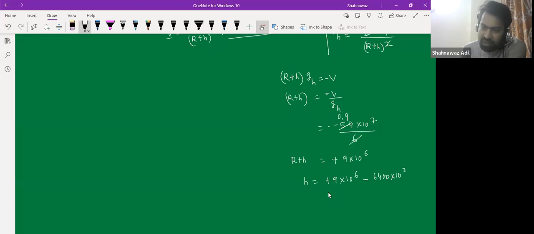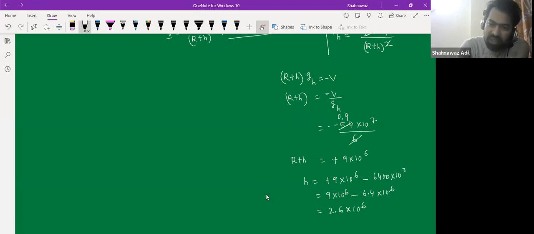So this is 9 into 10 to the power 6 minus 6.4 into 10 to the power 6, because 10 to the power 3 and 10 to the power 3 make 10 to the power 6. So 9 minus 6.4, that is 2.6 into 10 to the power 6.